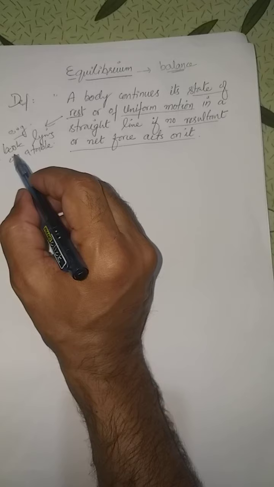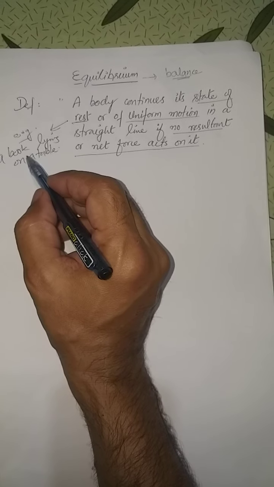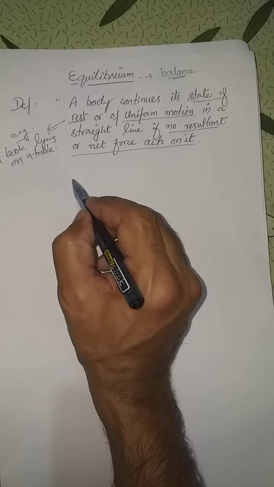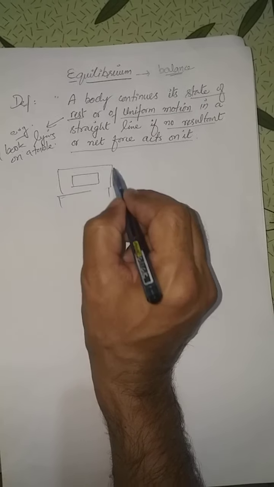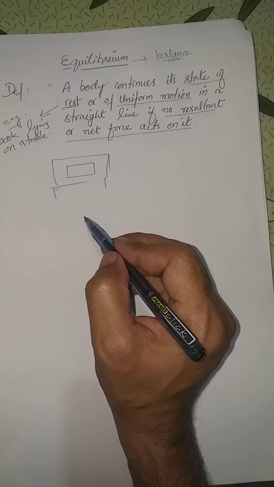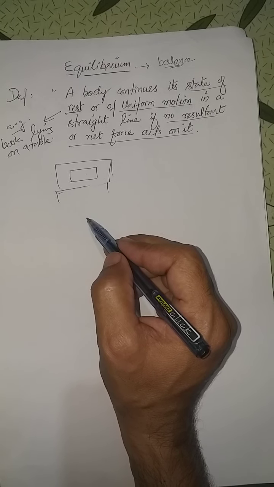If the book is on a table, then it will remain on the table, it is not moving at all, and it's not changing its state.